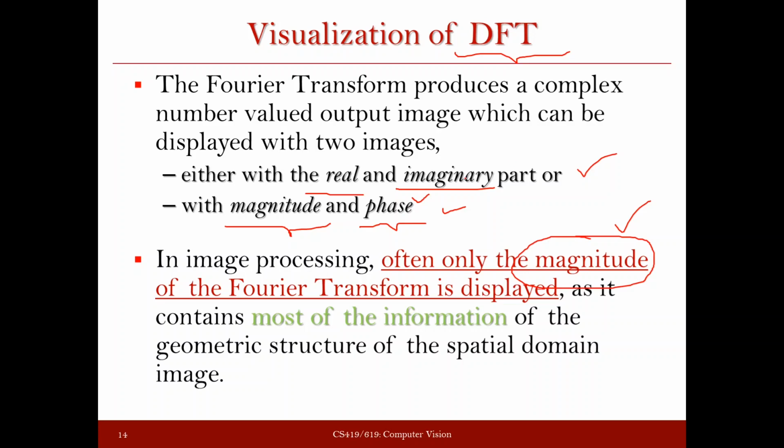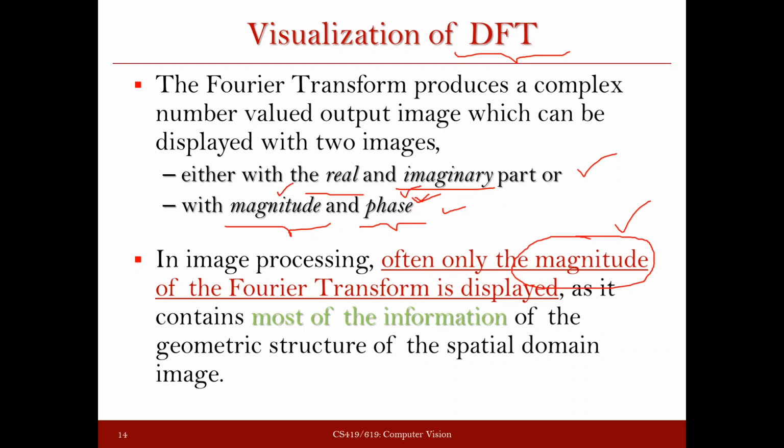Similarly, if you have represented your DFT, the discrete Fourier transform of your 2D signal, with the help of magnitude and phase, and you want to perform the inverse transform to get the complete original signal, you need both magnitude and phase.